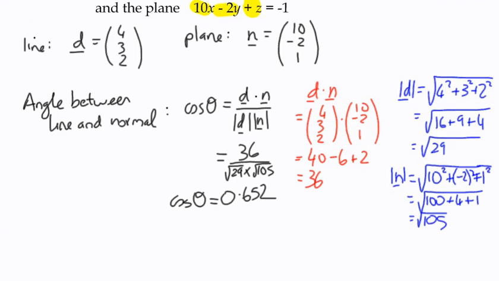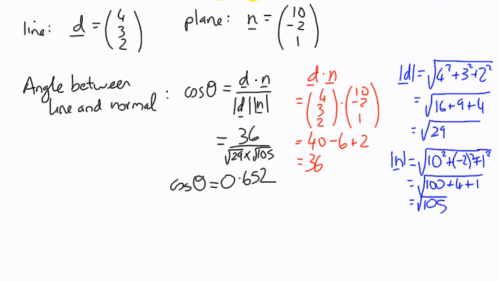Which means that the inverse cos of 0.652 is 49.3 degrees. What is that? That's the angle between the line and the normal vector.